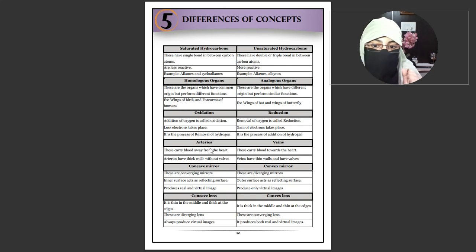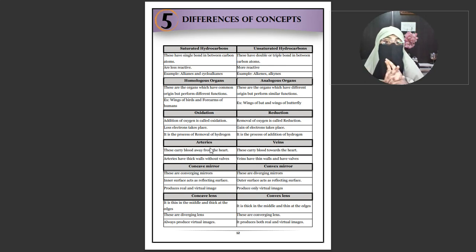Now coming on to the lens. A convex lens is thin in the middle and thick at the edges. A concave lens is thin at the middle part, and the complete edges are thick, and it is diverging.